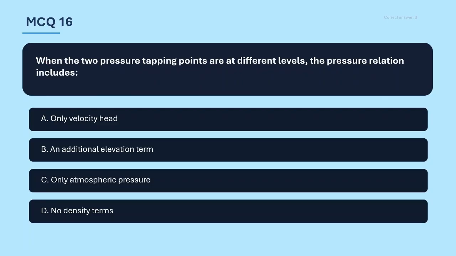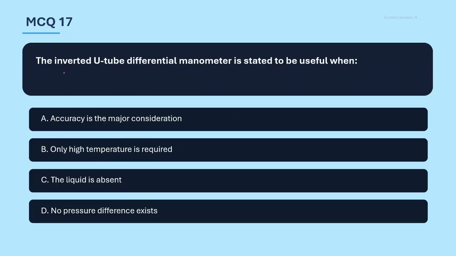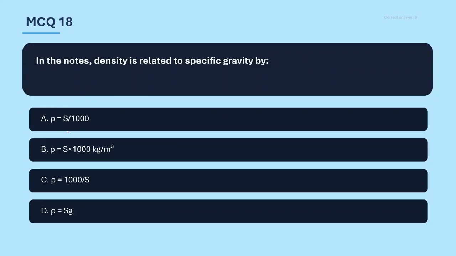Question number 16: when the two pressure tapping points are at different levels, the pressure relation includes an additional elevation term, so only option B is correct. The inverted U-tube differential manometer is stated to be used when we know that the inverted manometer is used for accuracy. So option A is correct.